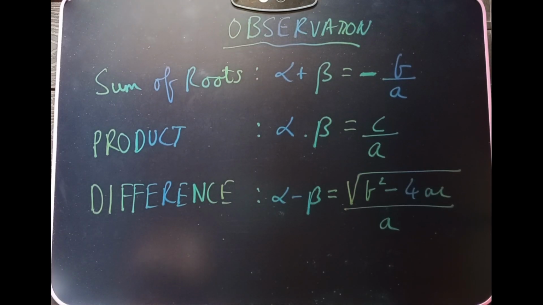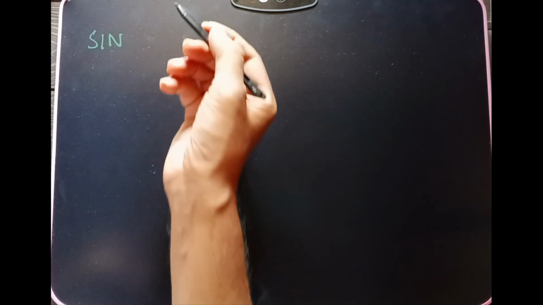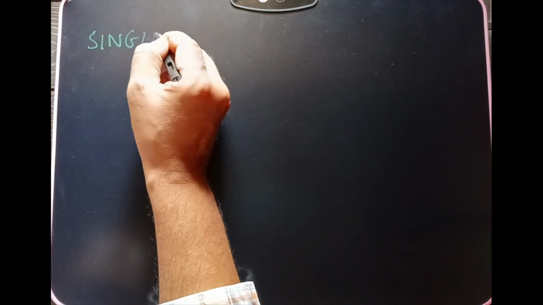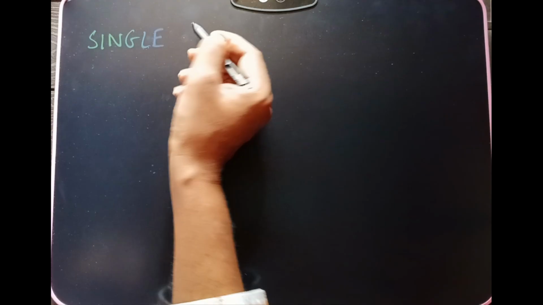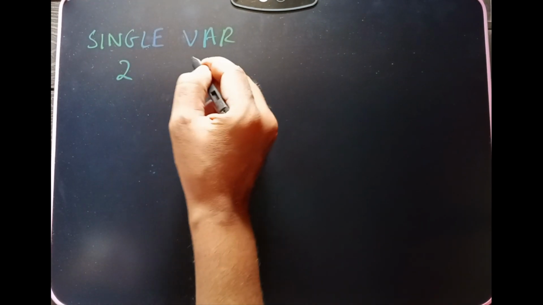Okay, let us see what are the possibilities of a quadratic equation in the next part. I'll wipe out this. So two possibilities. We'll study in our class only two possibilities: single variable and two variable.